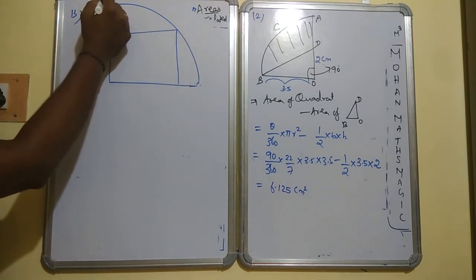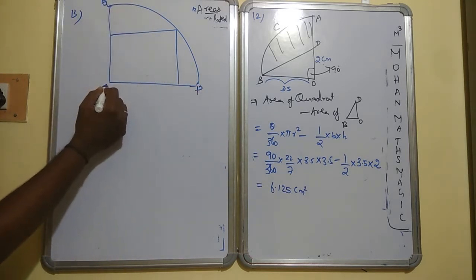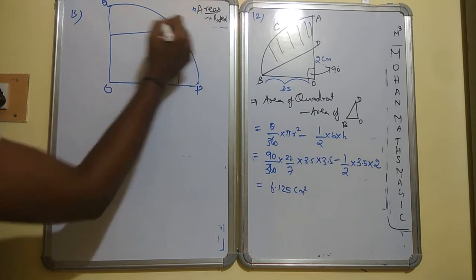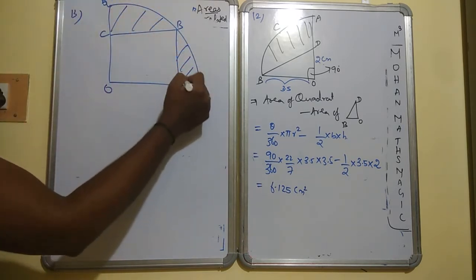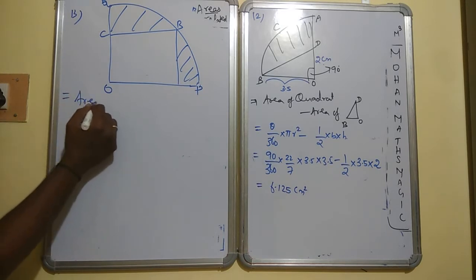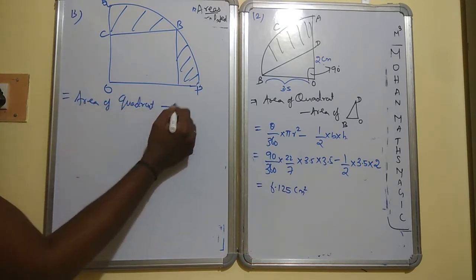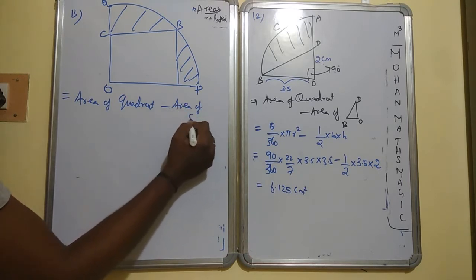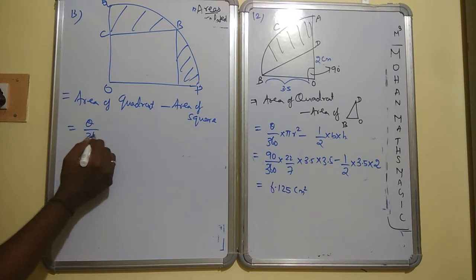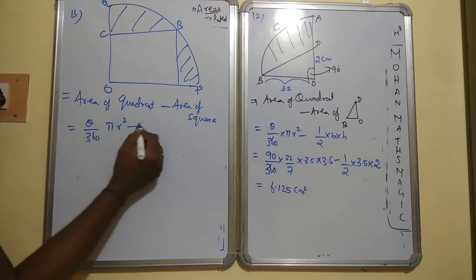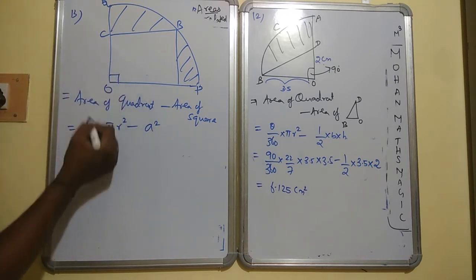Okay, the alphabets Q, P, O, B, C, and they asked us to find out this one. So common sense: area of a quadrant minus area of a square. Formula: theta by 360 into pi r square minus side square. We know theta value, yes, 90 degree.